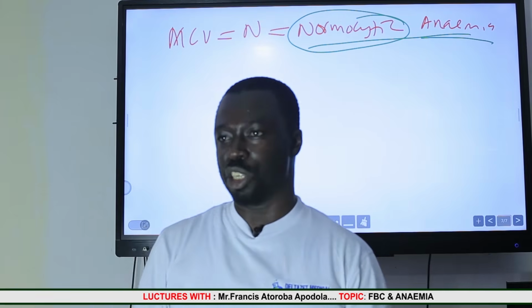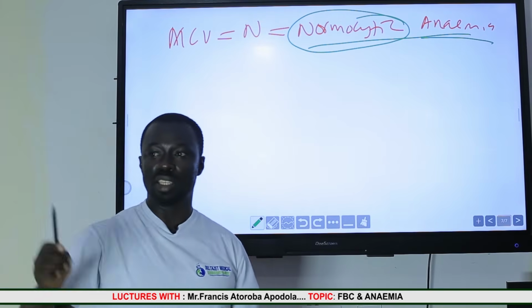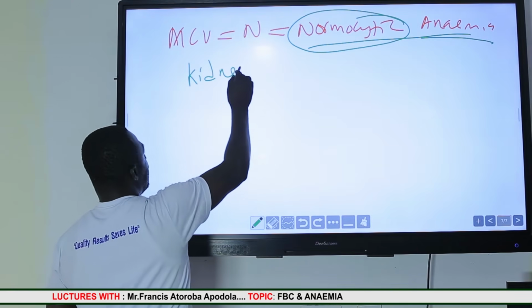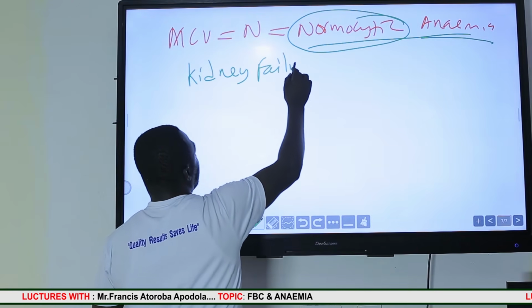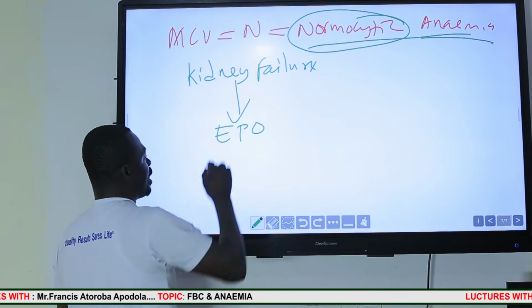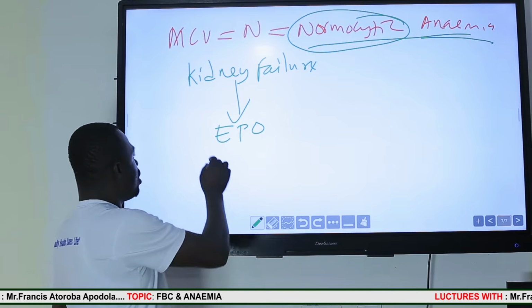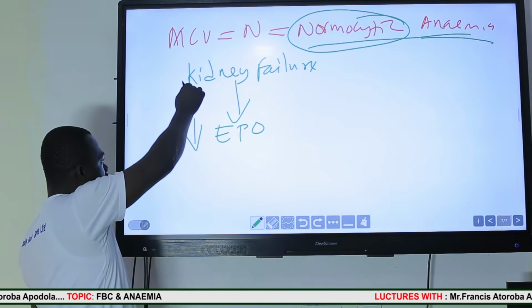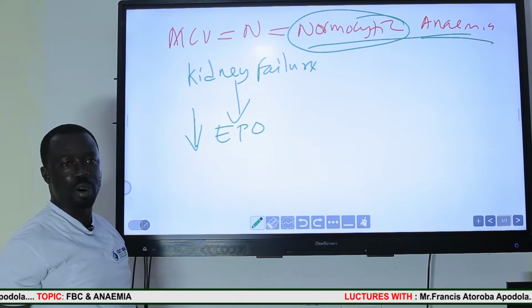A clear illustration of normocytic anemia is kidney disease. Kidney failure. In kidney failure, the kidney has failed to produce what? Erythropoietin. Kidney failure results in a decreased production of erythropoietin.